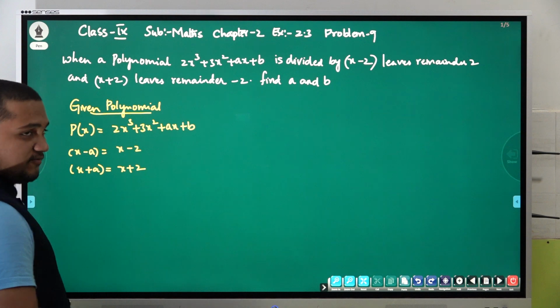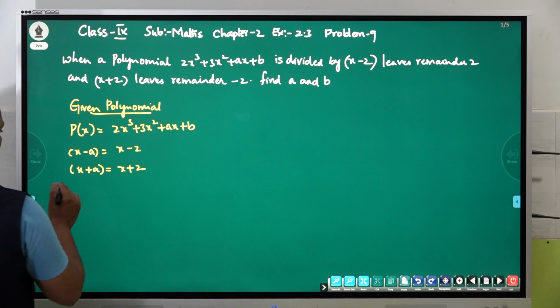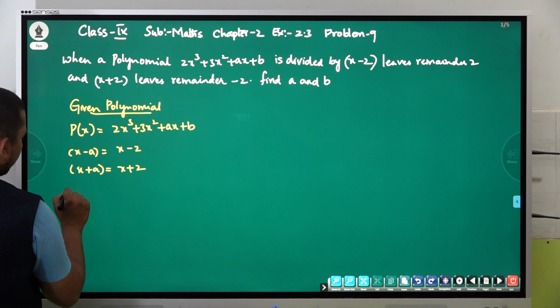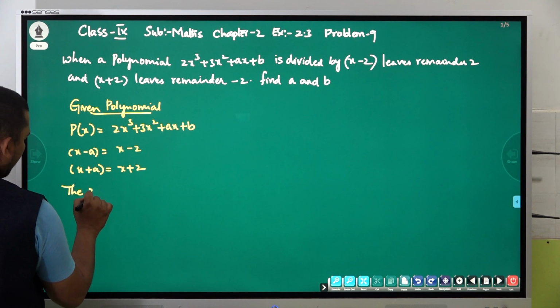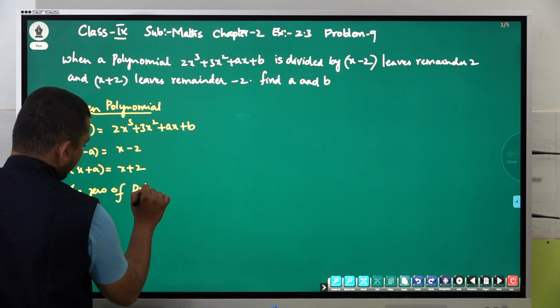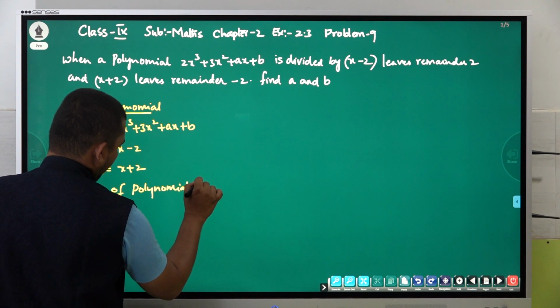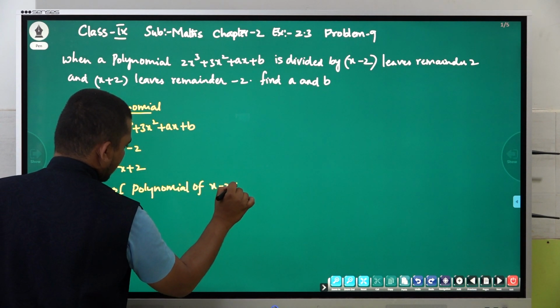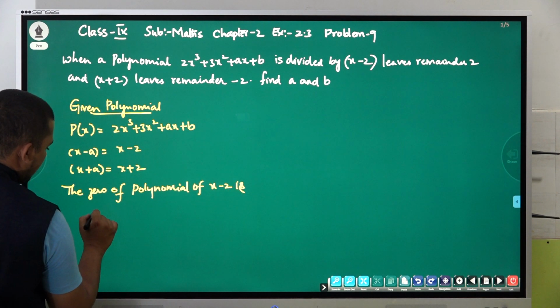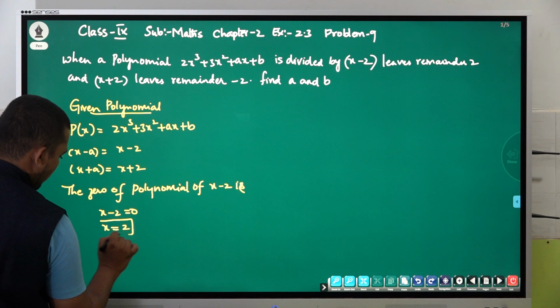Okay, what is the first step we should do here? Yes, we should find out the 0 of the polynomial. The 0 of polynomial of x minus 2 is, yes, x minus 2 is equals to 0, then x is equals to 2.